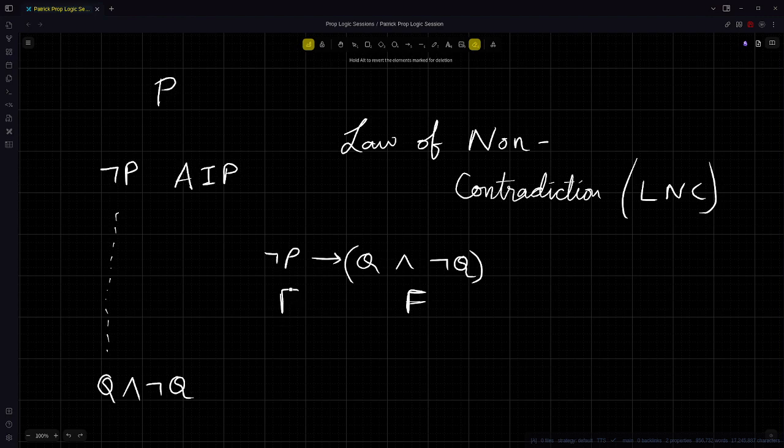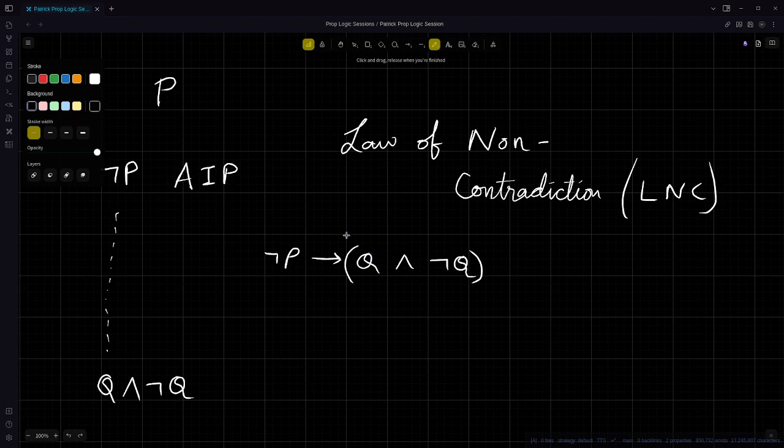I'll show it to you in another way, okay? So this is true, right? Yeah, this is true because you started with this, ended with this, so it means the implication is true, right? And what you're essentially saying is not Q and not Q. Okay?